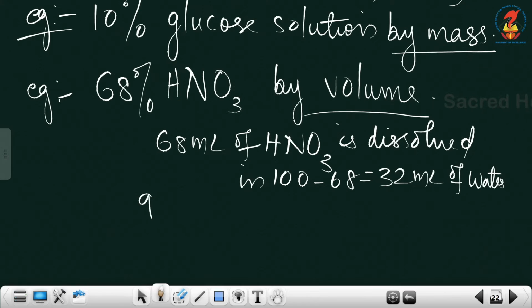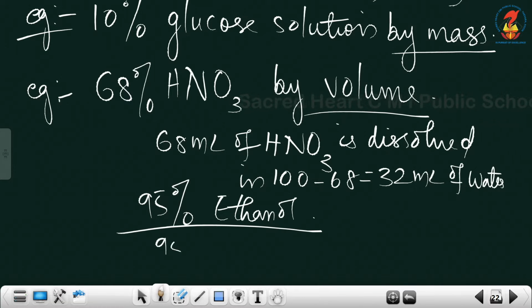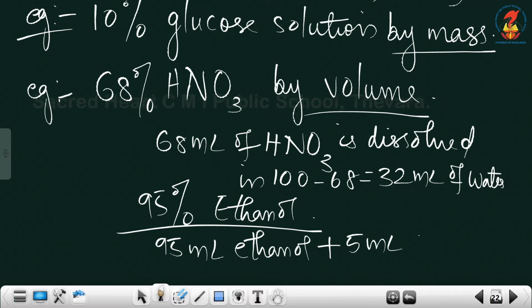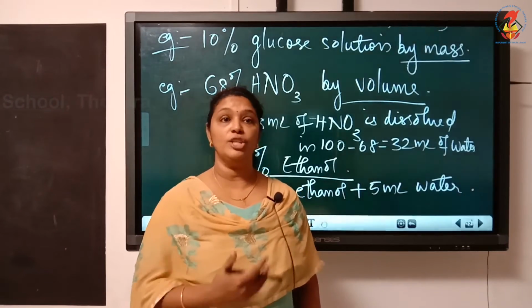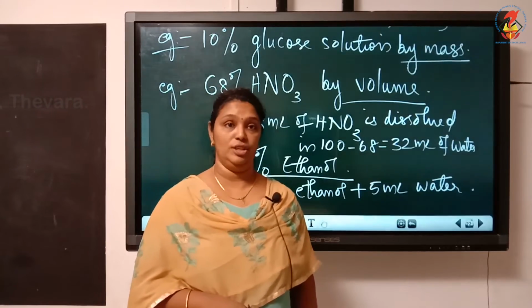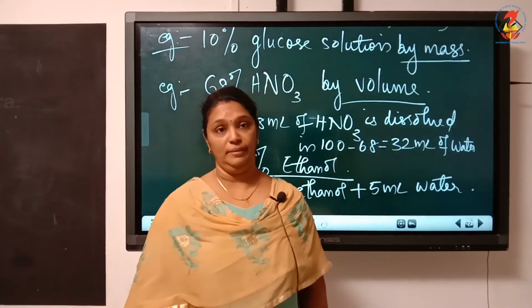How will you prepare 95% ethanol? Take 95 ml ethanol. To this add 5 ml water, so that the total volume of the solution is 100 ml. So this is mass percentage and volume percentage, the first concentration term.